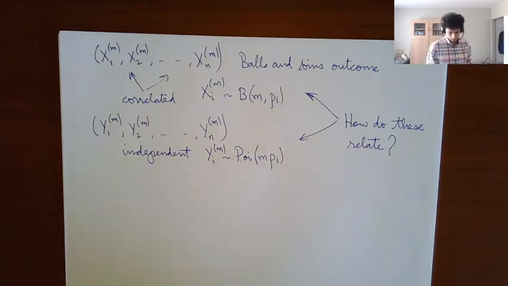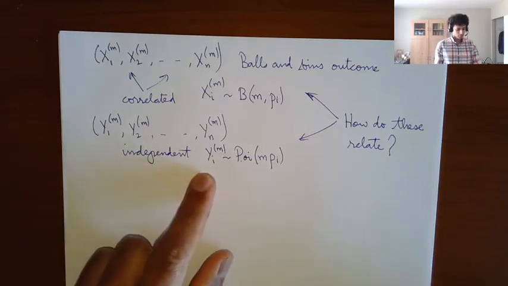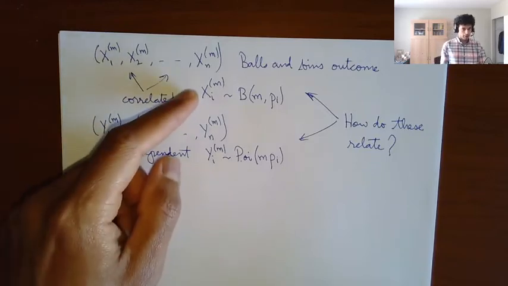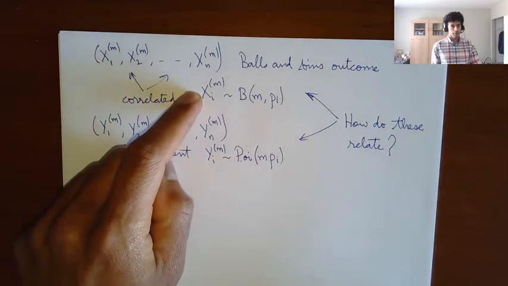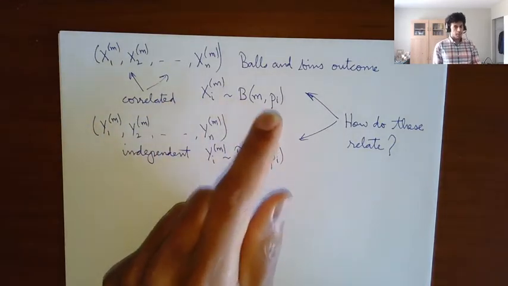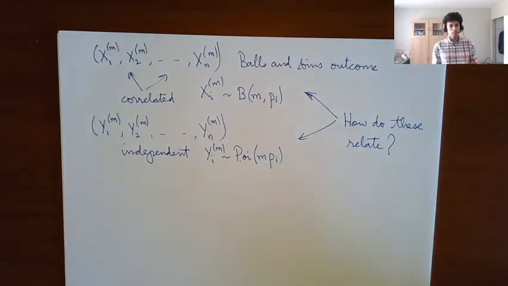Okay. Clarify? Yes. So the Poisson Y_i(m) has the same expectation as X_i(m)? That's right. So the expectation of X_i(m) is again m times p_i, because you're doing m coin flips where the success probability is p_i, so the expected number of successes is m p_i.